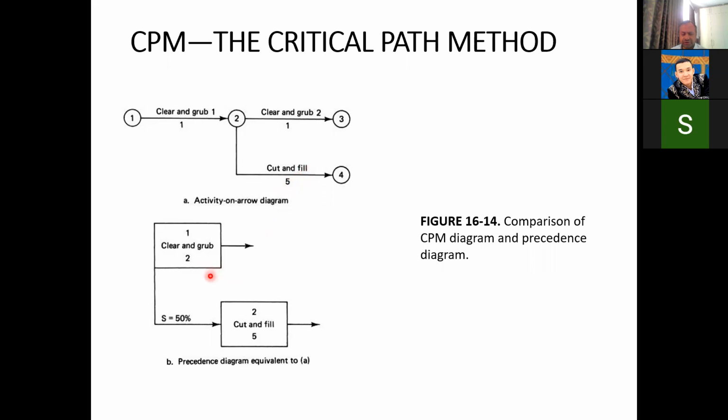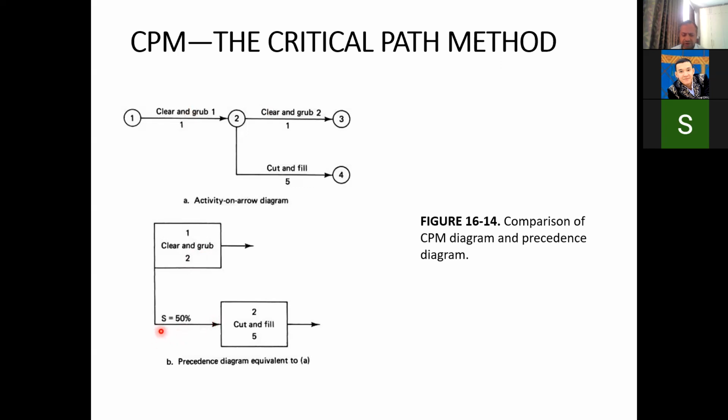If we want to represent it on the activity on node diagram, we normally will not have to divide this clear and grub activity into 2 sub activities. We can just use clear and grub as it is. Instead of dividing it, we can put a start to start relationship.